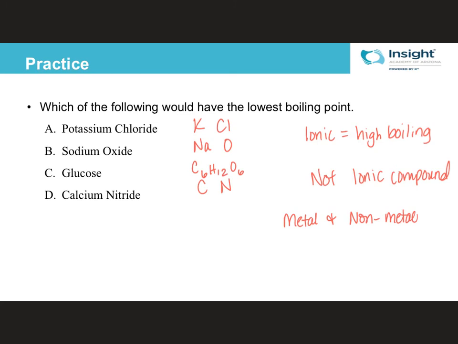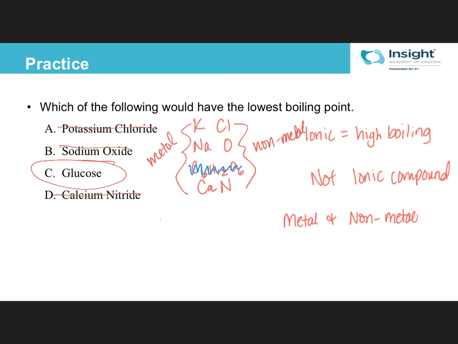Even if you couldn't remember that, pretend we don't remember what that is. If you go to your periodic table, and I'm sorry, calcium nitride, you can see that these three are all metals. These three are all nonmetals. So by process of elimination, those are all ionic compounds. Glucose, which is C6H12O6, which are all nonmetals, has to be your non-ionic compound.